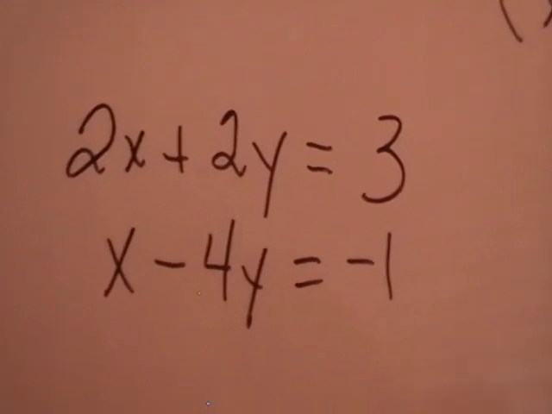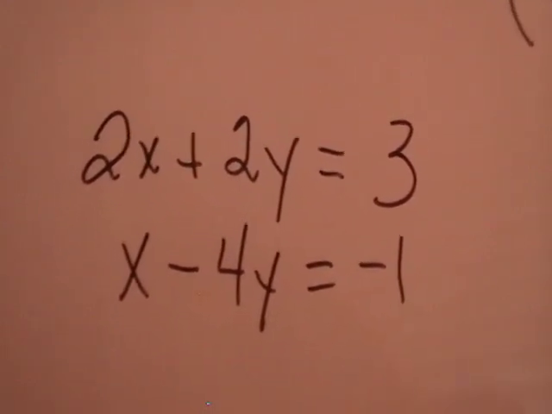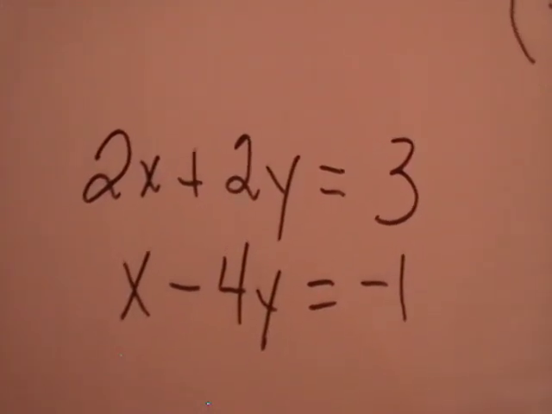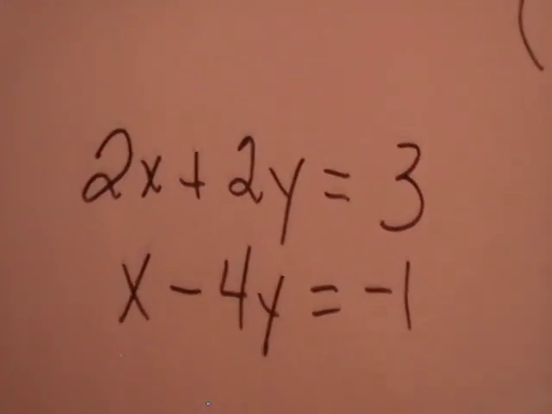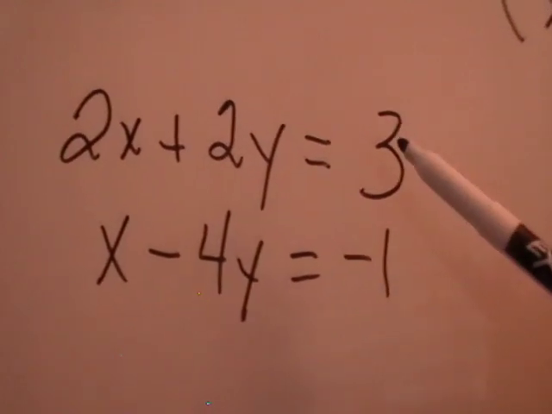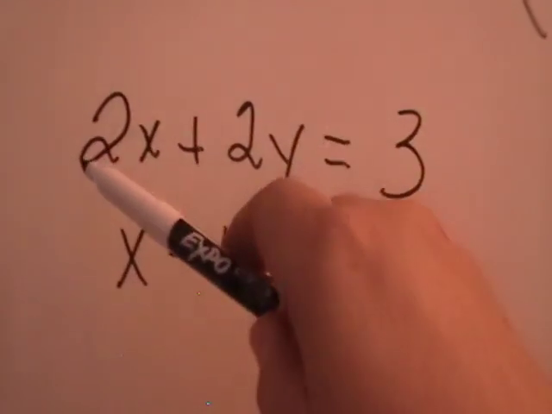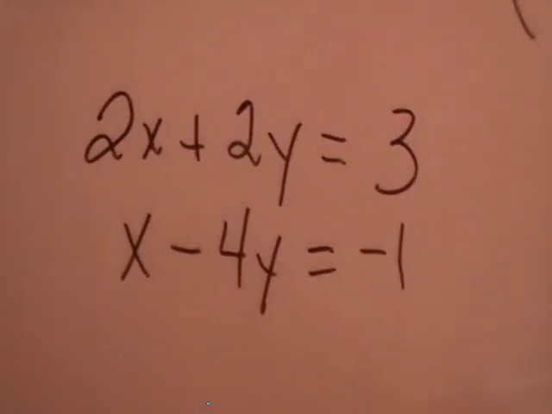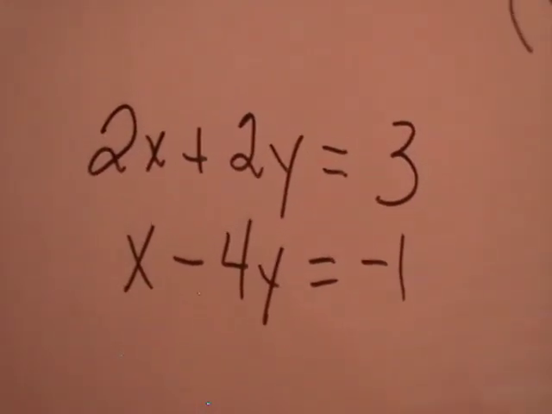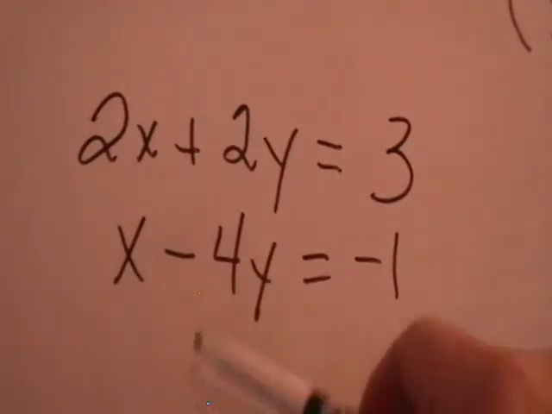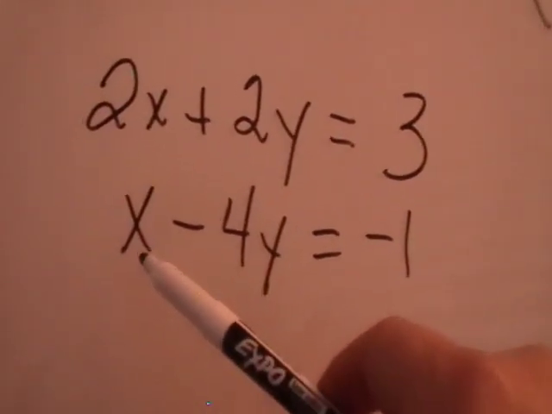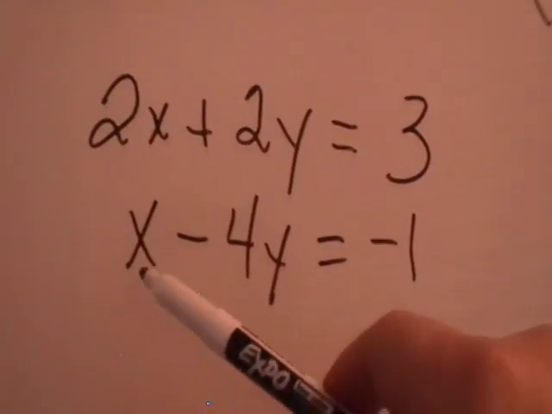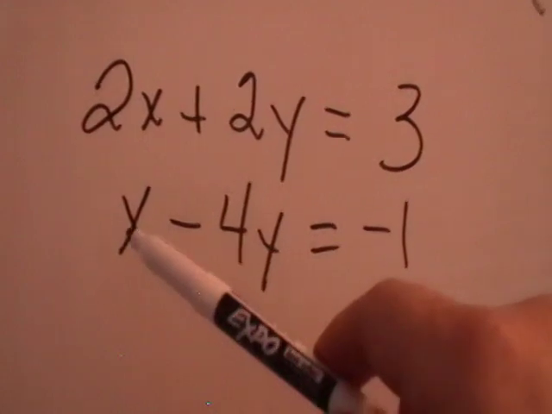We want to get an x or a y by itself because we want to have a value for that. If I look at the first equation, 2x plus 2y equals 3, I would have to deal with the 2 on both the x and the y. That one's not an easy one to use for substitution. So let's look at the second one, and I see that the x here is all by itself already. So I don't have to do a whole lot of work to get that x by itself.